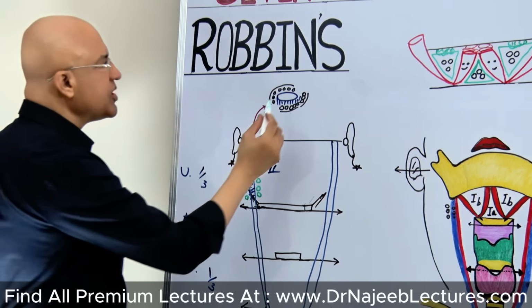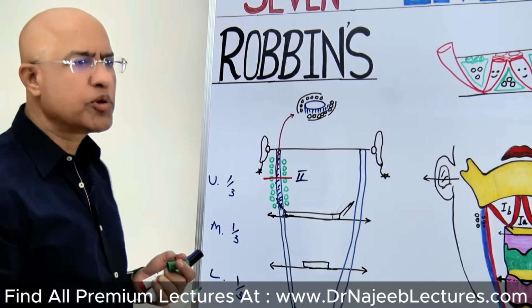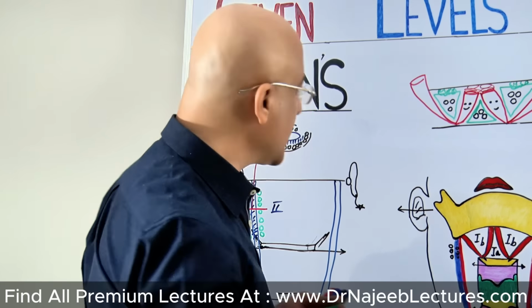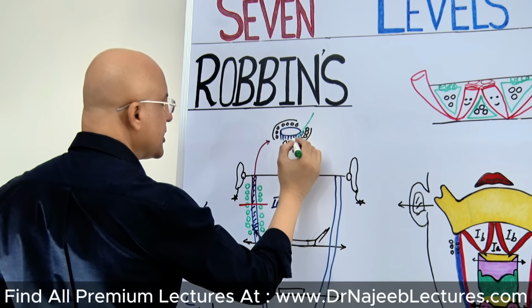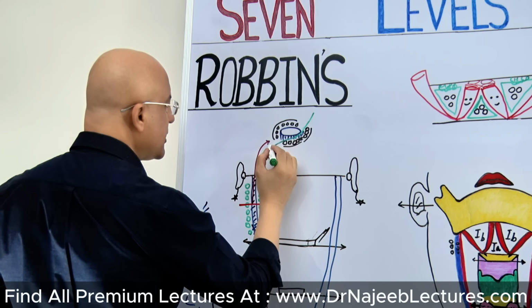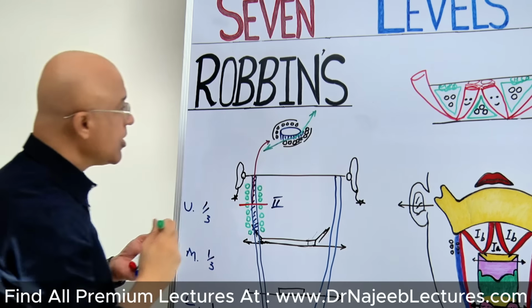The anatomical course of the accessory nerve has a lot of variation, but usually it crosses around this area superficially, right? Spinal accessory nerve.